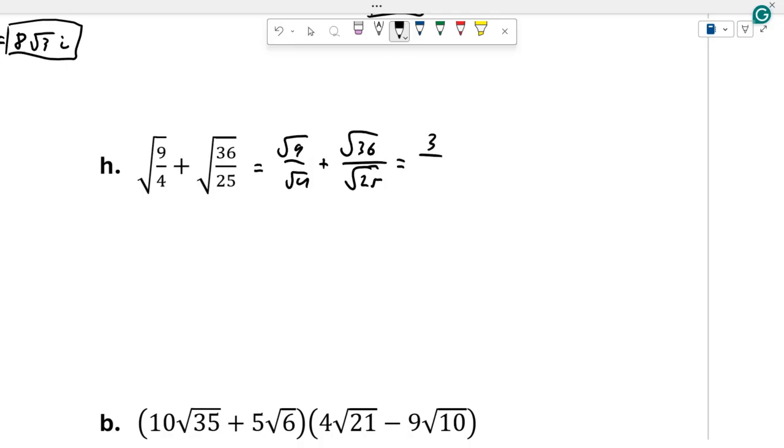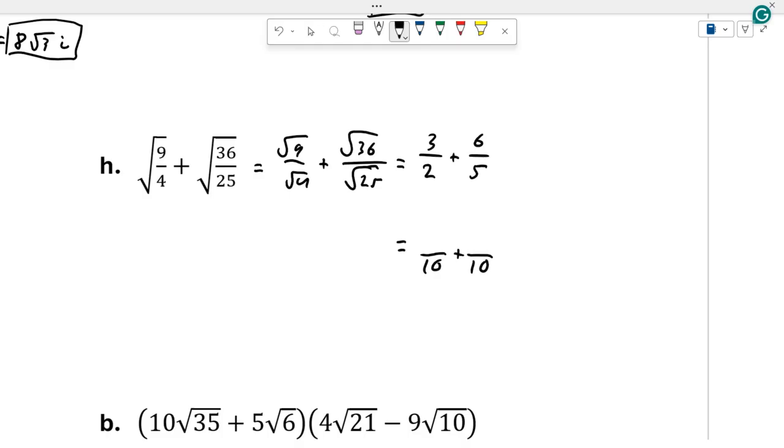Square root of 9 is 3, square root of 4 is 2, square root of 36 is 6, and the square root of 25 is 5. So I have 3/2 plus 6/5. Now, you could probably use a calculator here, although I haven't used a calculator yet in this entire problem, so I'm going to keep it clean, I guess. To add fractions like this, you just got to get a common denominator, right, which is 10.